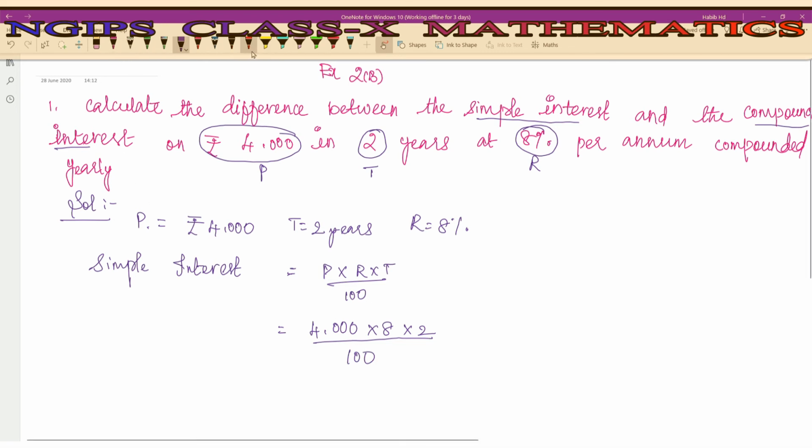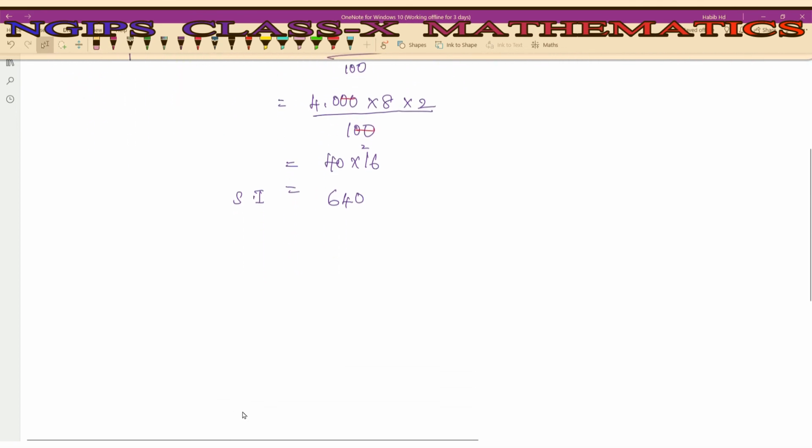Now the 20 and 20 will get cancelled, so the leftover is 40 into 8, which is 640. So I can write here, the simple interest for 2 years is 640.